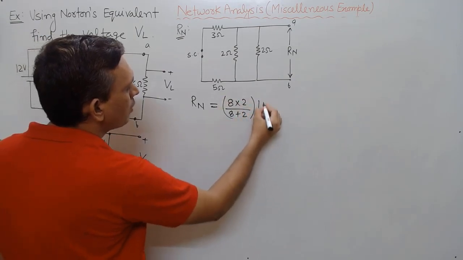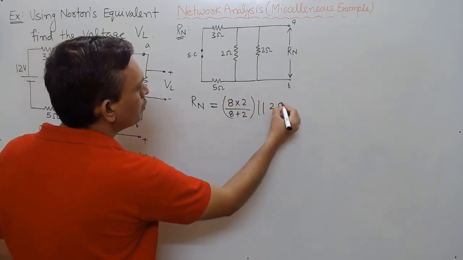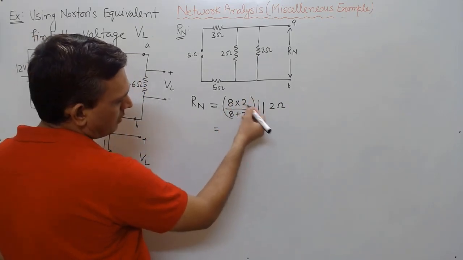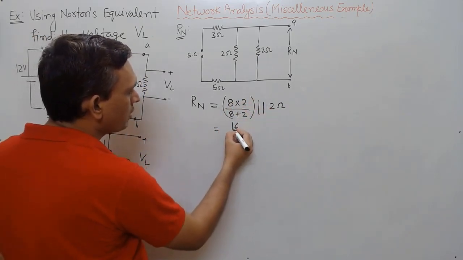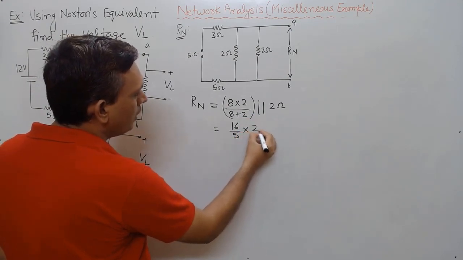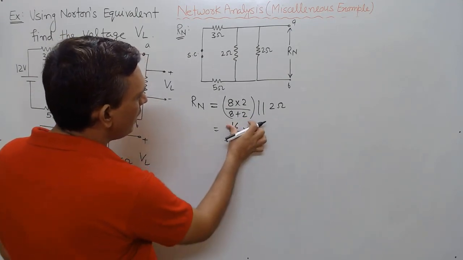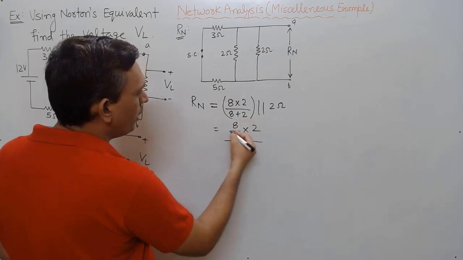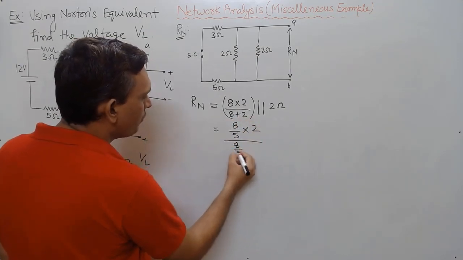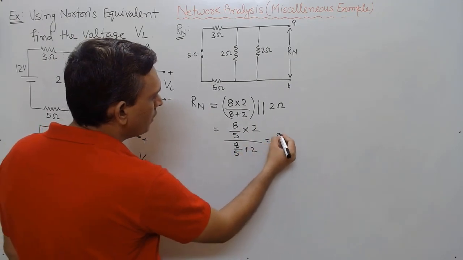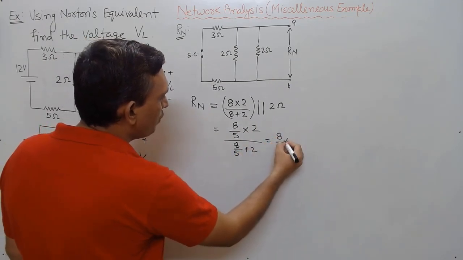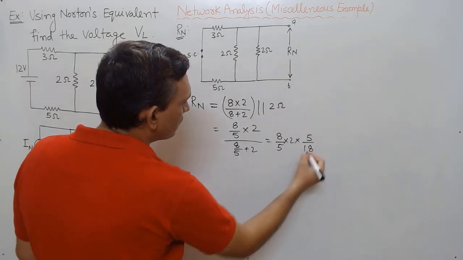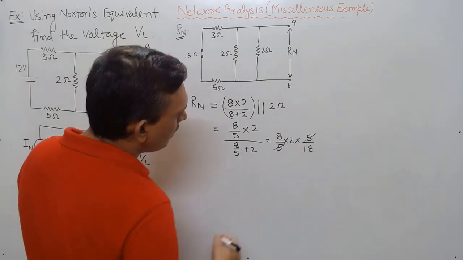Again that is a parallel combination with 2 ohms. So this will give you 16 by 5, and 16 by 5 into 2 is 8 by 5. So 8 by 5 into 2 by 8 by 5 plus 2. This will be 8 by 5 into 2 into 5 by 18. 5 will cancel out.